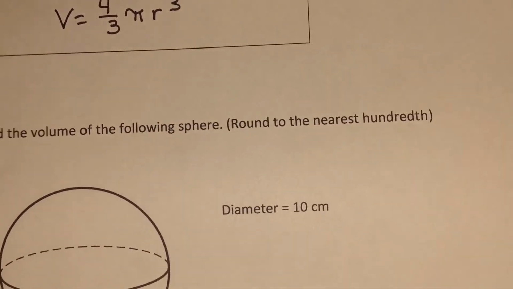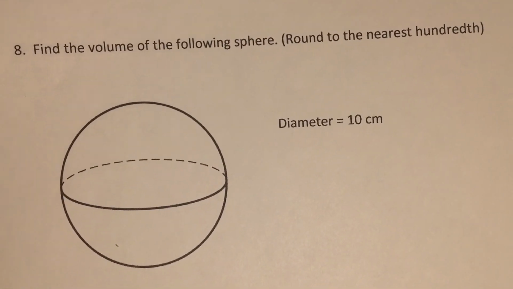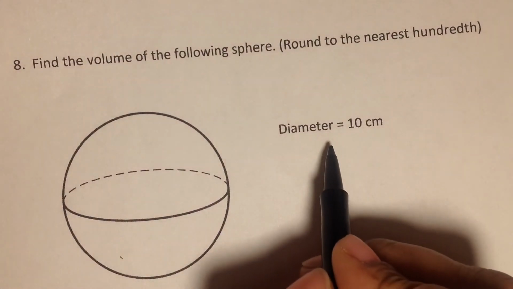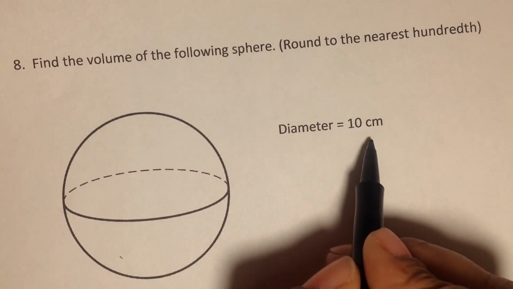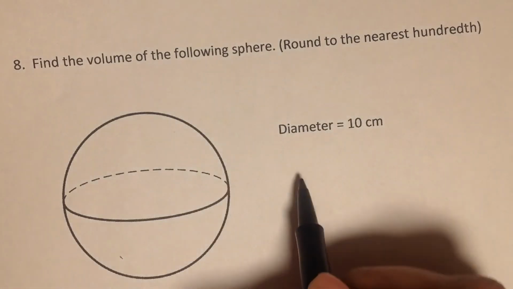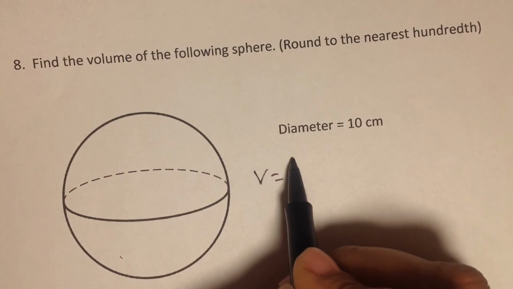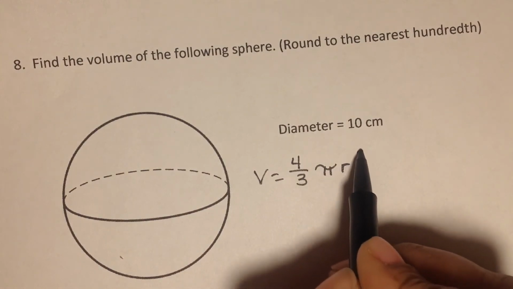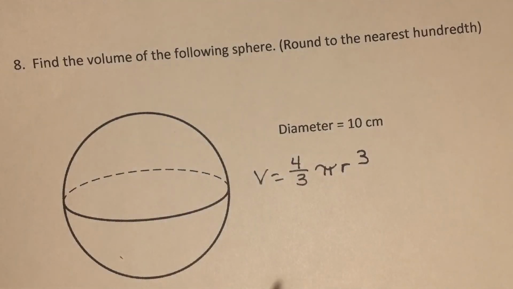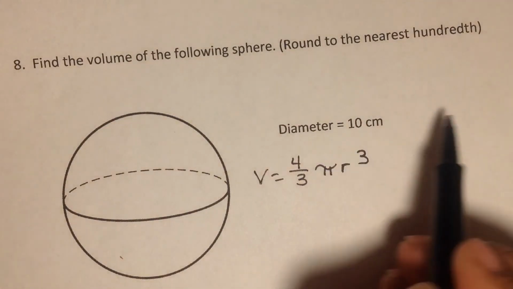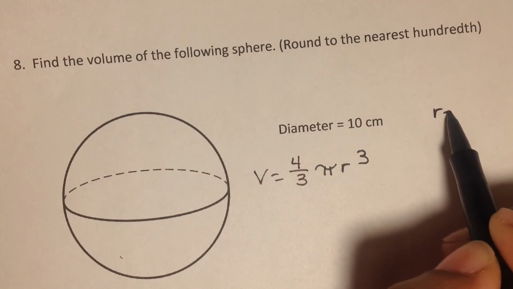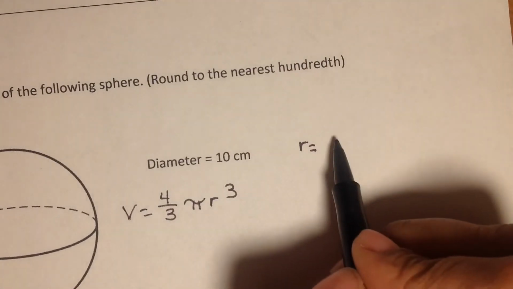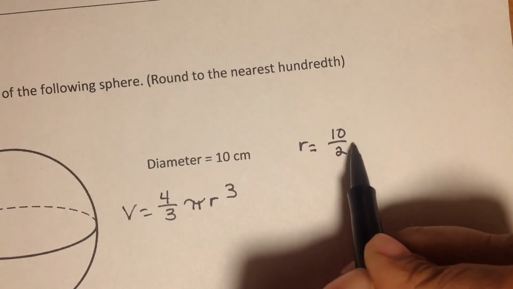So I'm going to rewrite my formula down here because I'm running out of space for one thing. They gave me the diameter. Okay, diameter is 10. Find the volume of the following sphere. I know that the volume is equal to 4/3 times pi times radius cubed. If they gave me the diameter, I know that radius is half of the diameter.